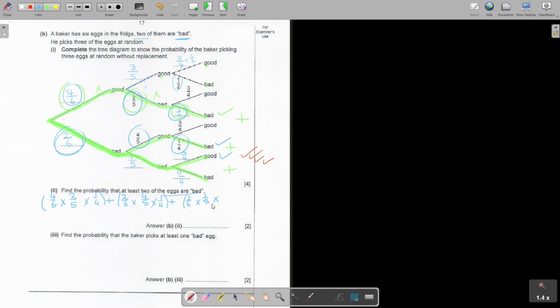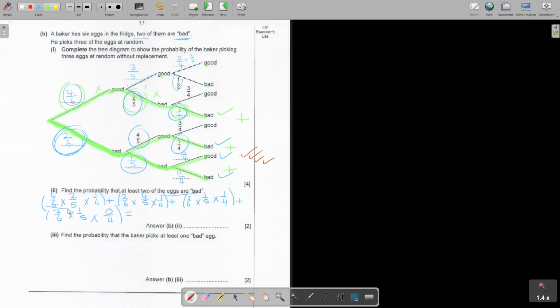So it's 2/6 multiply 4/5 multiply 1/4. And then the last one, I just have to continue here. So it's going to be 2/6, this one, multiply 1/5 multiply 0/4. And I can see that this one will become 0.